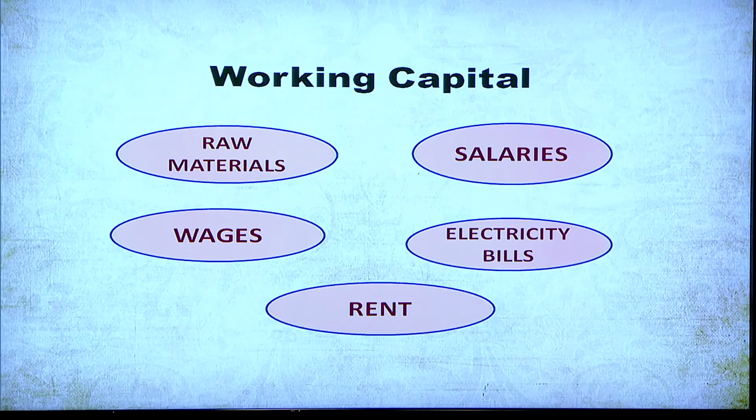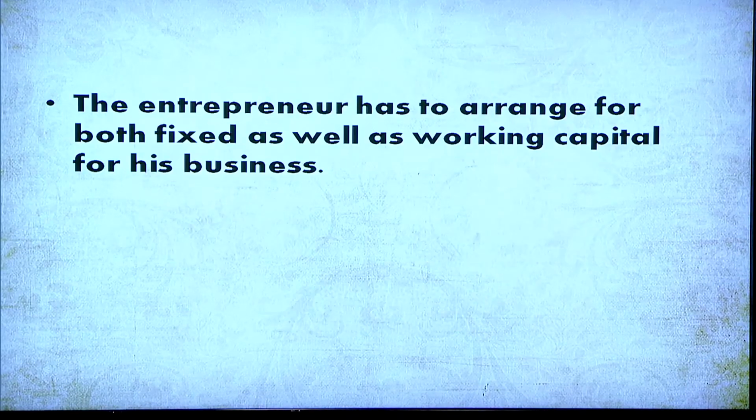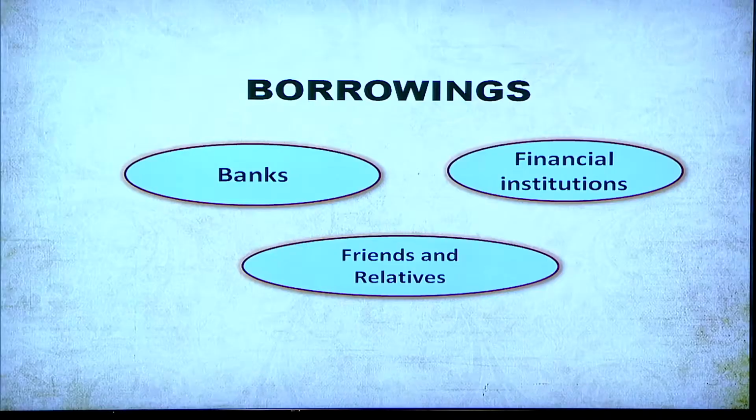These can be working capital. Entrepreneur has to arrange for both fixed capital and working capital for his business. He should arrange money either from the bank or from the financial institution or from friends and relatives.